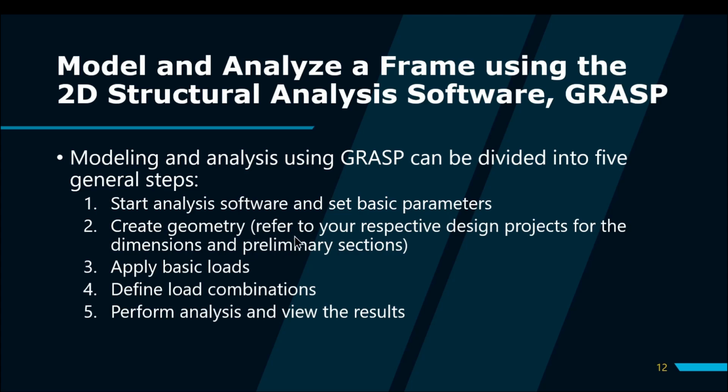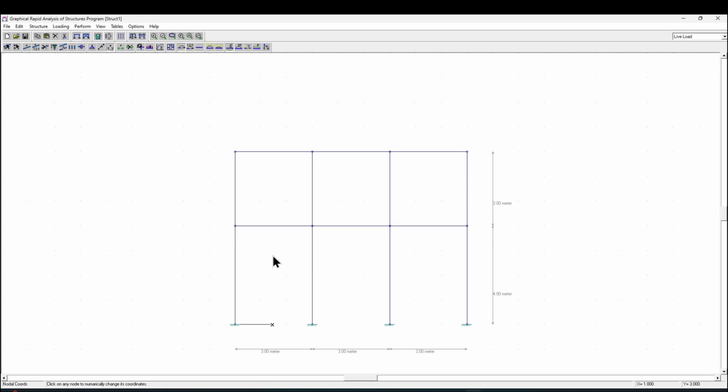Now remember, you can always refer to your respective design projects for the correct dimensions and the preliminary or trial sections being used. Now let us proceed to the third step, which is the application of basic loads. Let us first apply the uniform loads on the horizontal members.